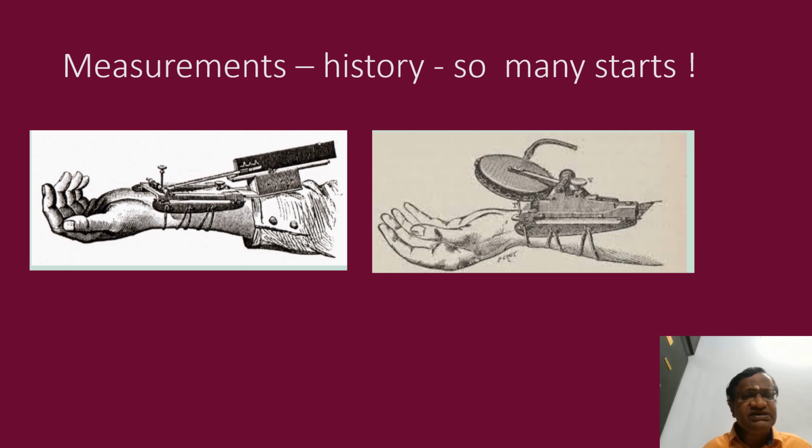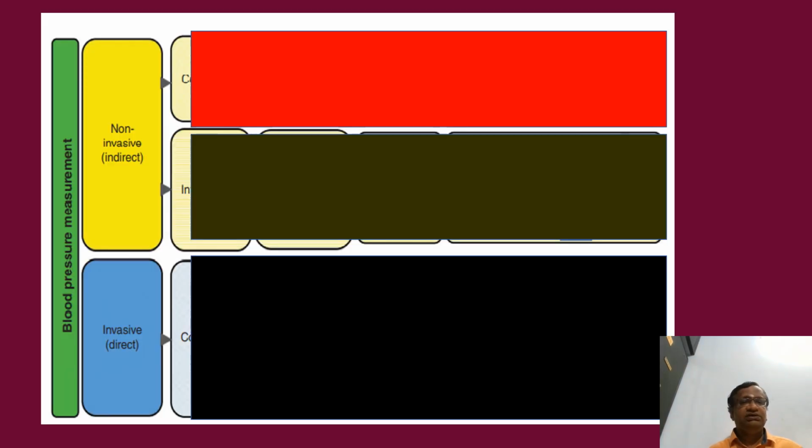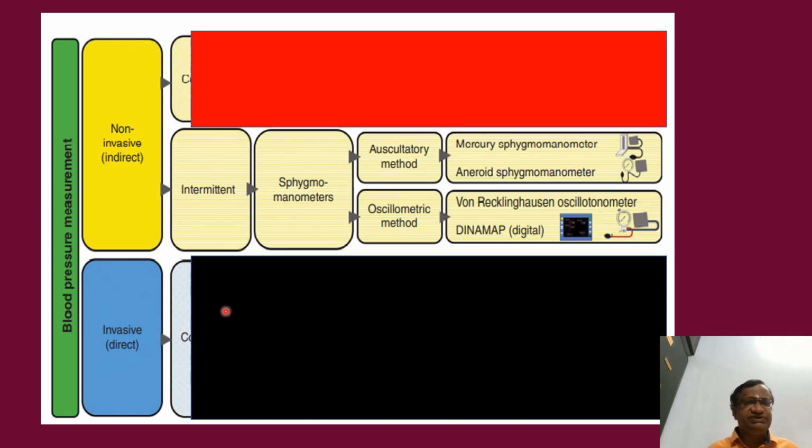There are so many measurements, so many gauges were kept in the history of how to measure blood pressure. If we take a routine blood pressure monitor, we need to position the cuff on the brachial artery, with the stethoscope here. Now you see non-invasive and invasive.